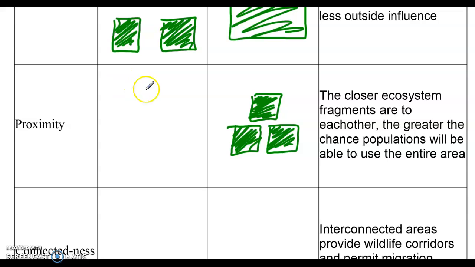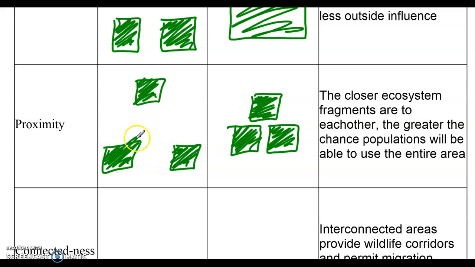Now, the worst option is if you were to take the same amount, but have them apart. Because what happens here is, obviously if this is too far away, the deer or the squirrel are not able to go from one section to another, right? Like if this is Bayview and over here this is like Dufferin Street or let's say Woodbine, right?